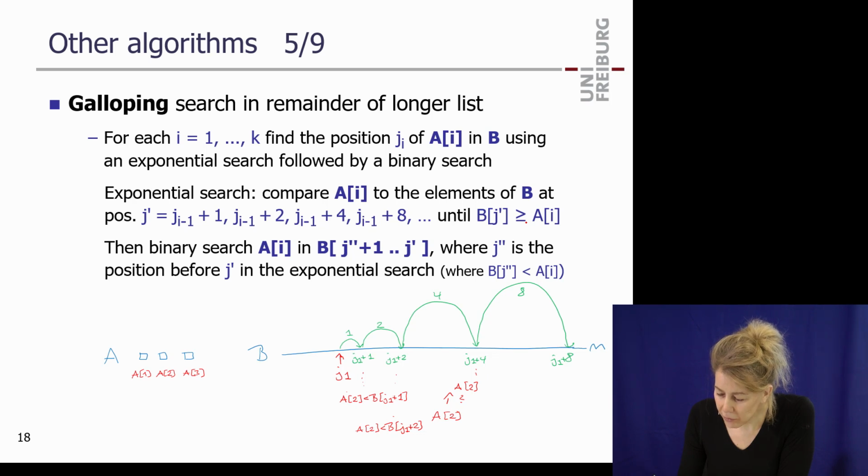I think it should be less than B at J1 plus 4.